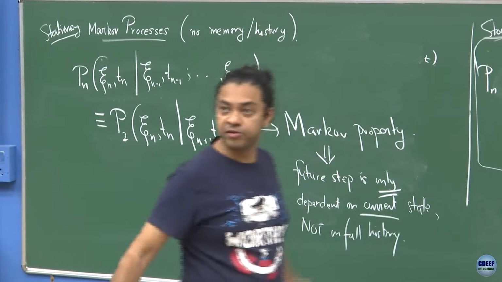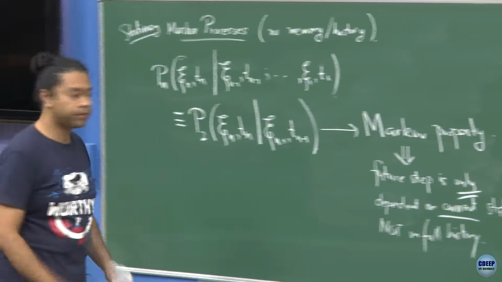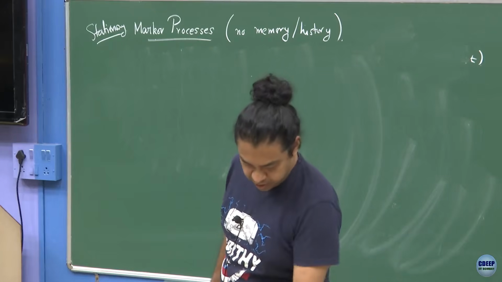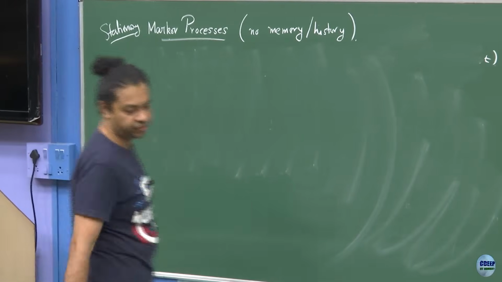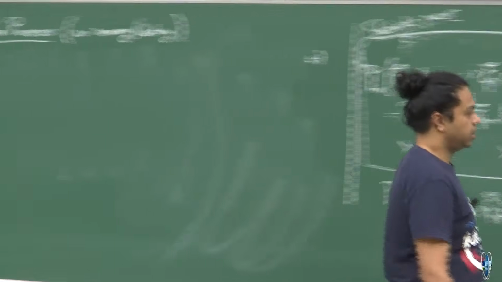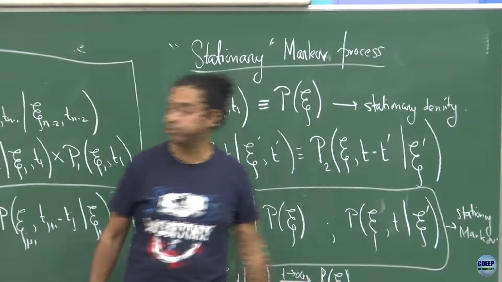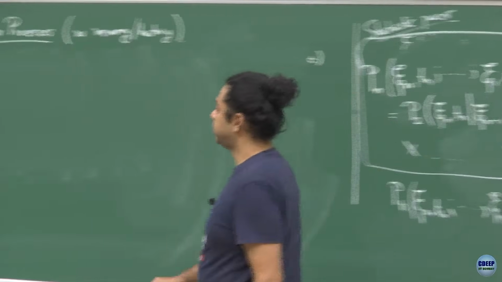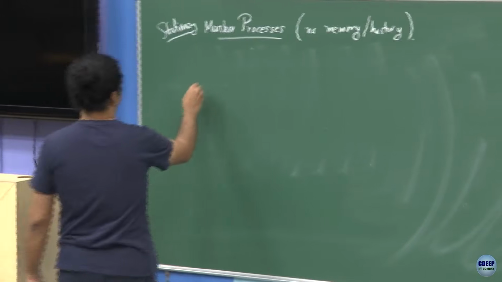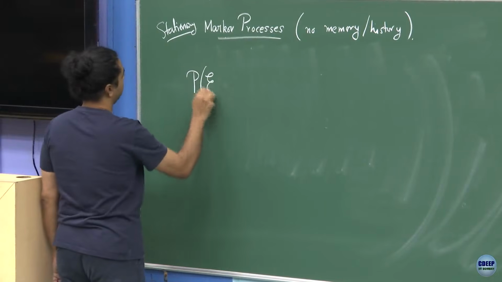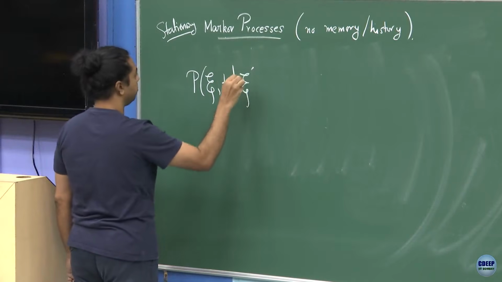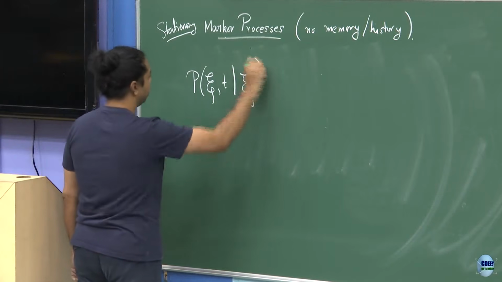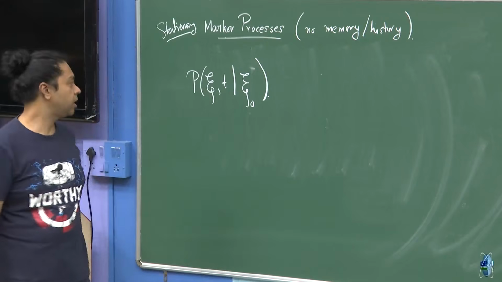Okay, is this whole formalism clear? So, I want to write down essentially this quantity, P of xi, t given xi prime, given some initial, let me call it xi naught.